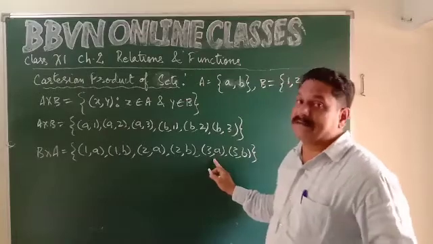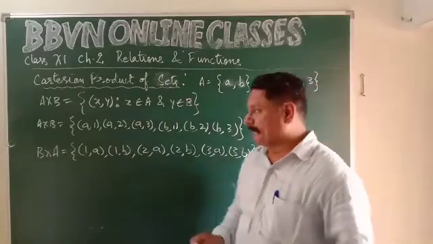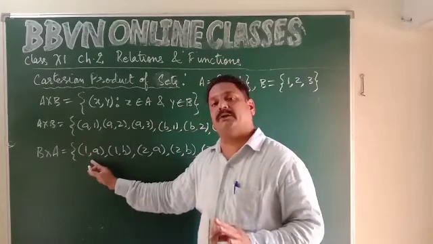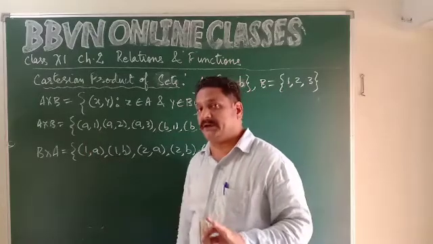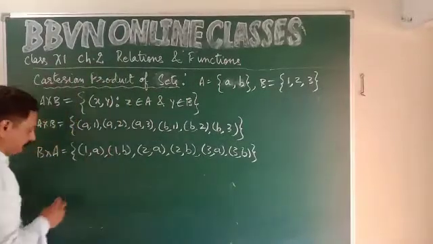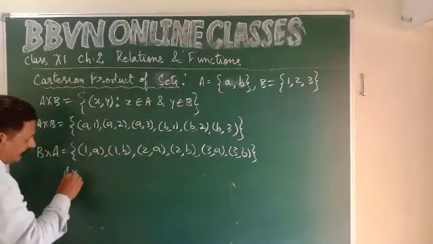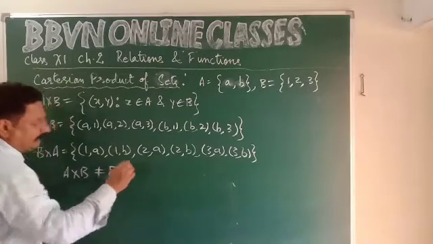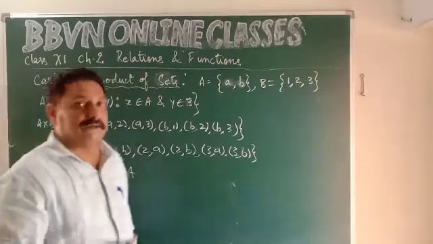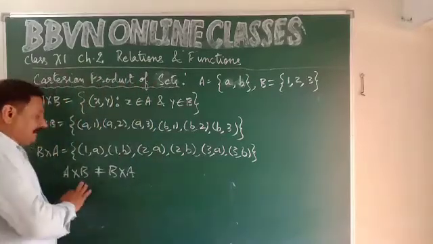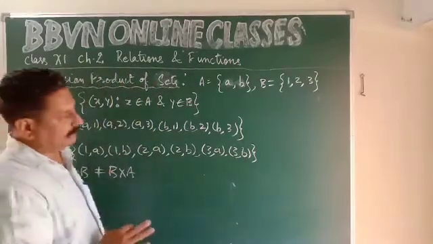You have again 6 ordered pairs. But you know very well a comma 1 is not equal to 1 comma a. So we can conclude one thing: A cross B is not equal to B cross A unless A and B are equal sets. Otherwise A cross B is never equal to B cross A.